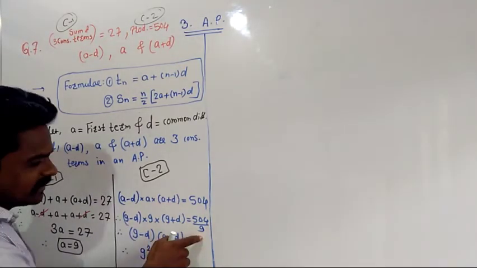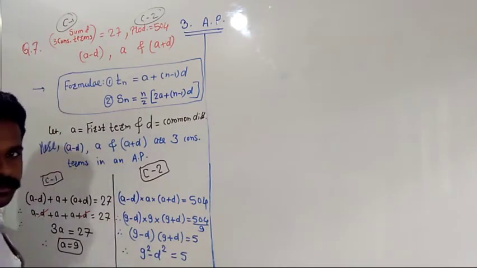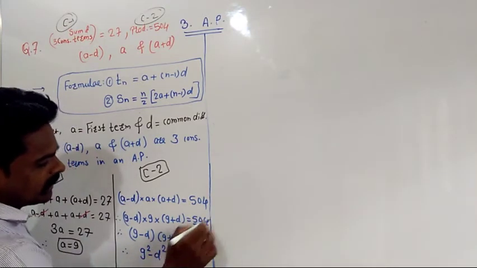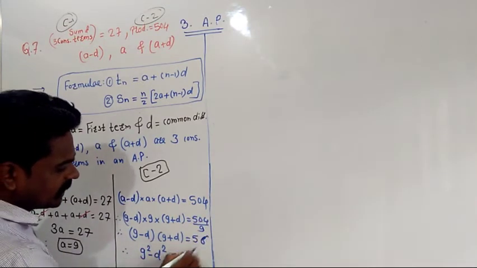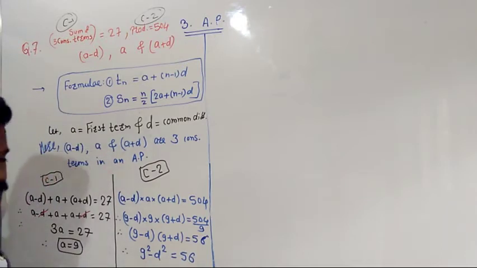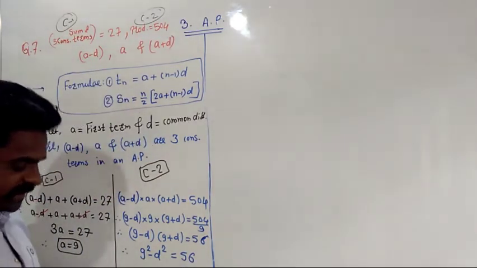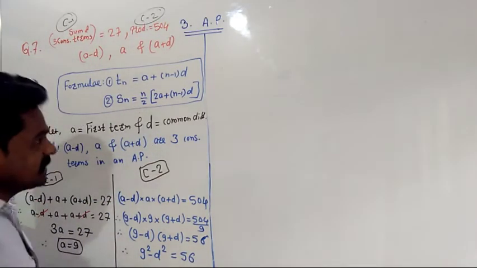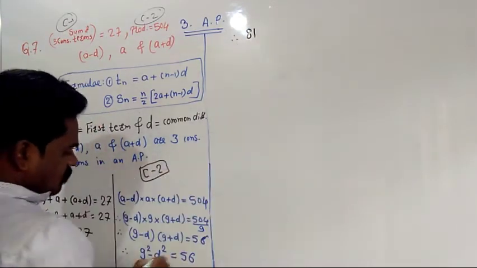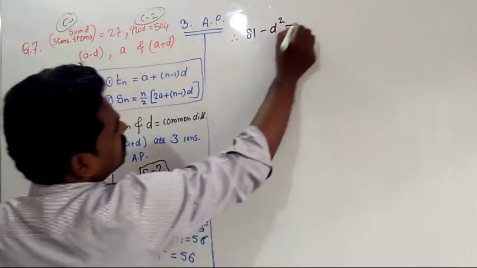So 9 goes to that side, and 504 divided by 9 is 56. So 9 square minus d square is equal to 56. 9 square is 81, so we can write 81 minus d square is equal to 56.